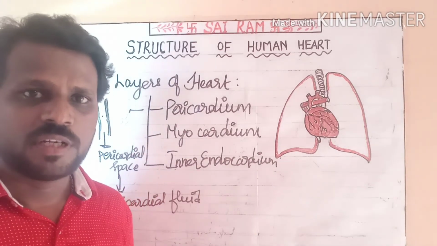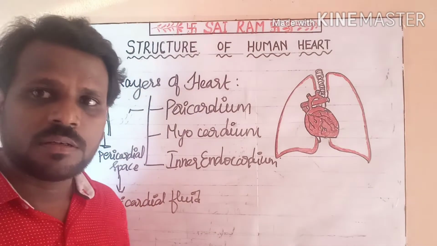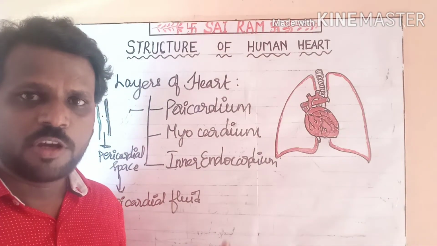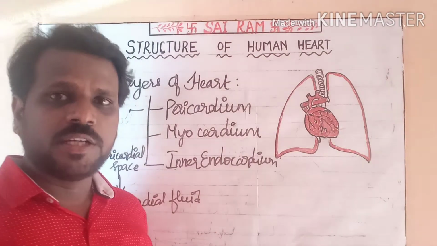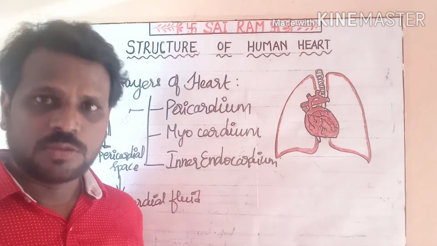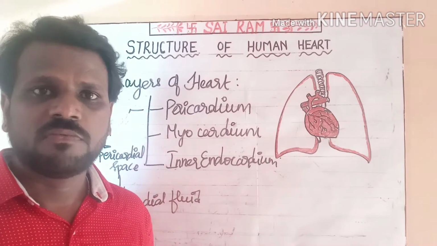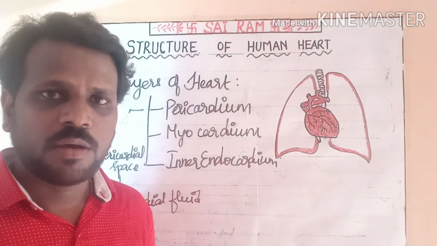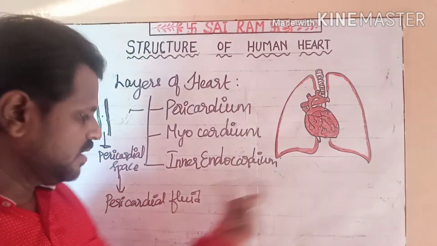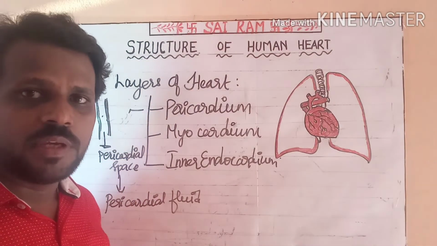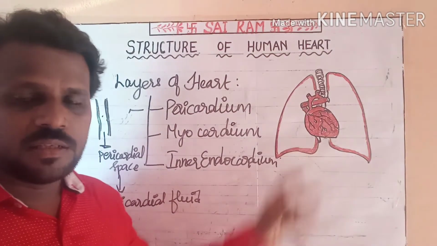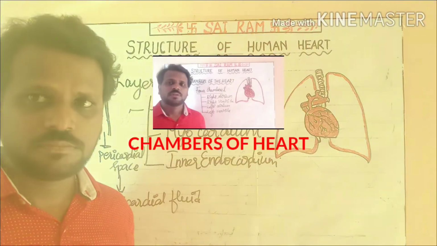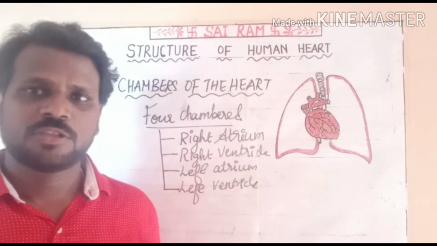So the heart keeps on pumping our blood. Because of that, it will create some friction over the internal organs, and also within the heart. So that friction should be avoided. That is the reason why we have pericardial fluid, so that it acts like a shock absorber and avoids the friction.